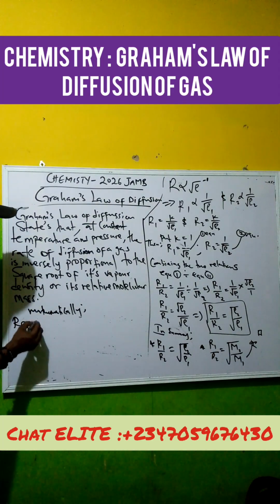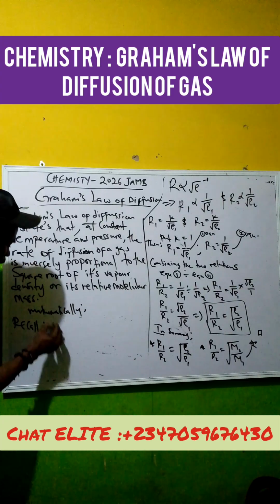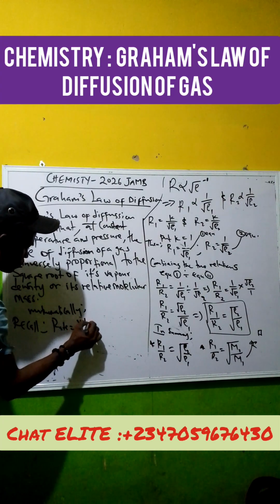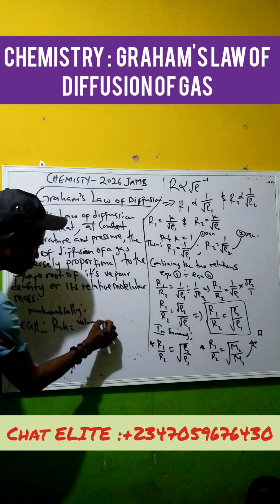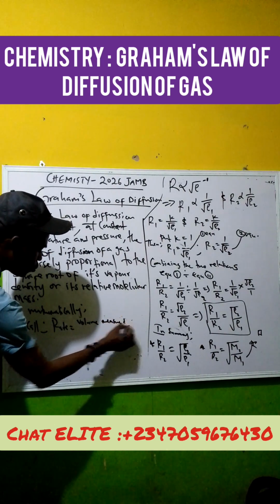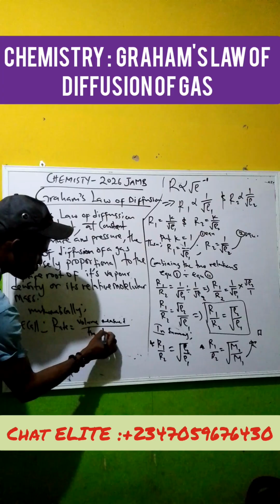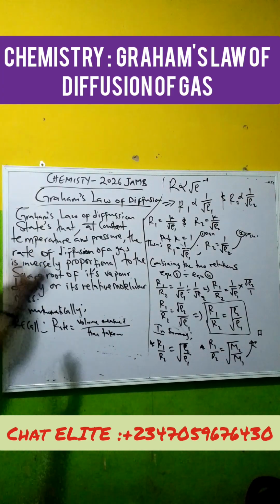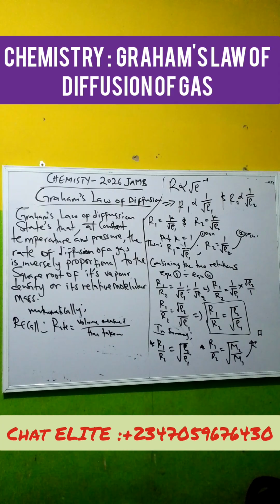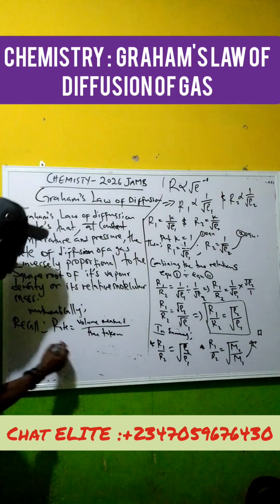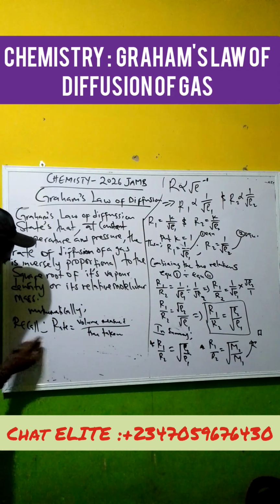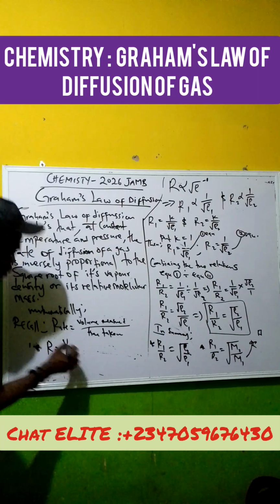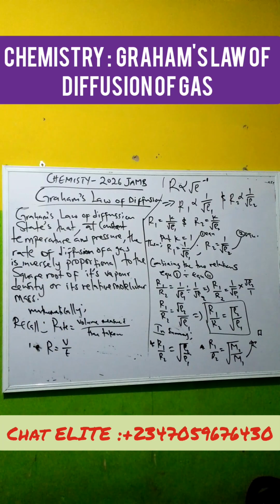Recall that our rate of diffusion is equal to volume measured over time taken. So which implies that R is equal to V over T. No issues.